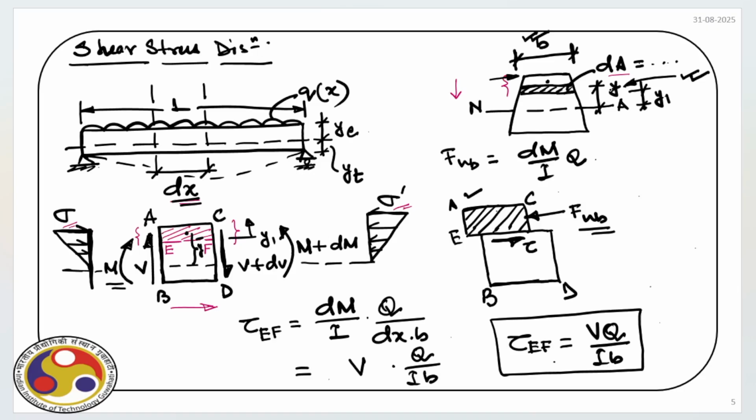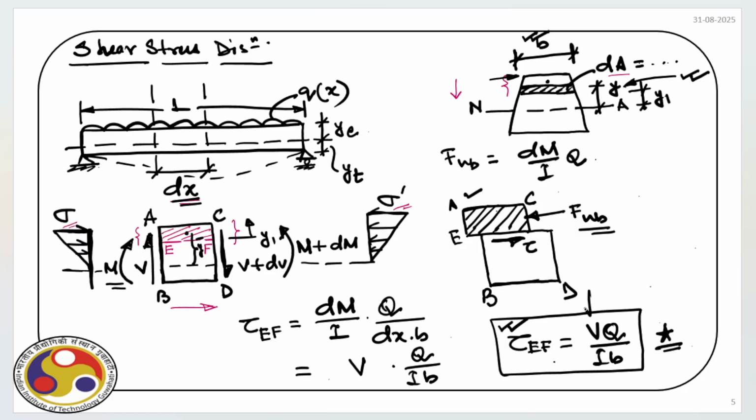Now, if we change this location y from the neutral axis, then we can quantify how this shear stress varies along the depth of the cross section, right? So, this is a very important expression. This expression tells us how the shear stress is distributed over the cross section.